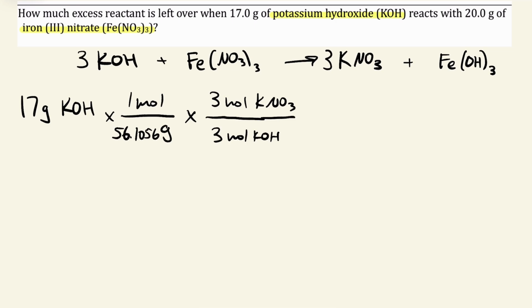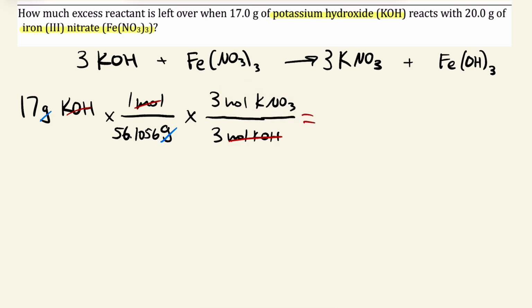Again, these numbers 3 come from here and here. Now, double check here that your units cancel out. So first, your grams of KOH cancel out here, and then your moles of KOH cross out there. So you are left with just the units of moles of KNO3.